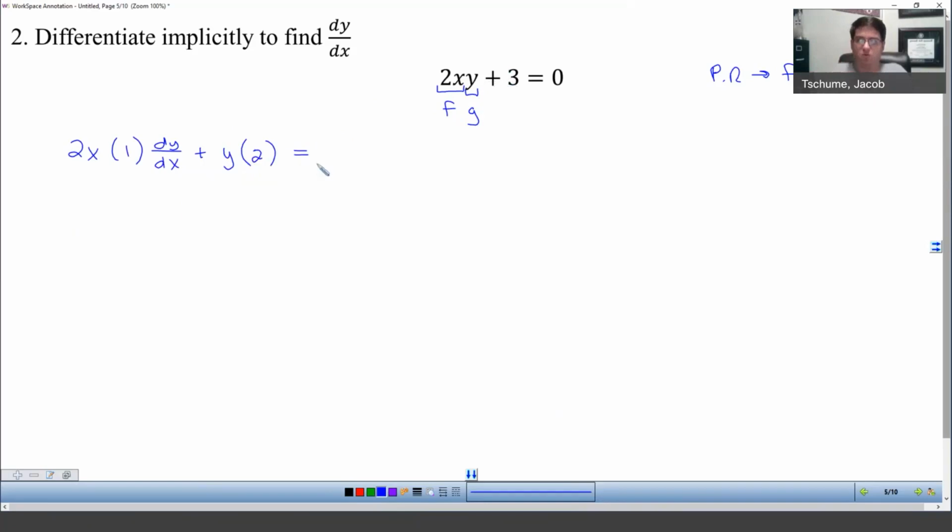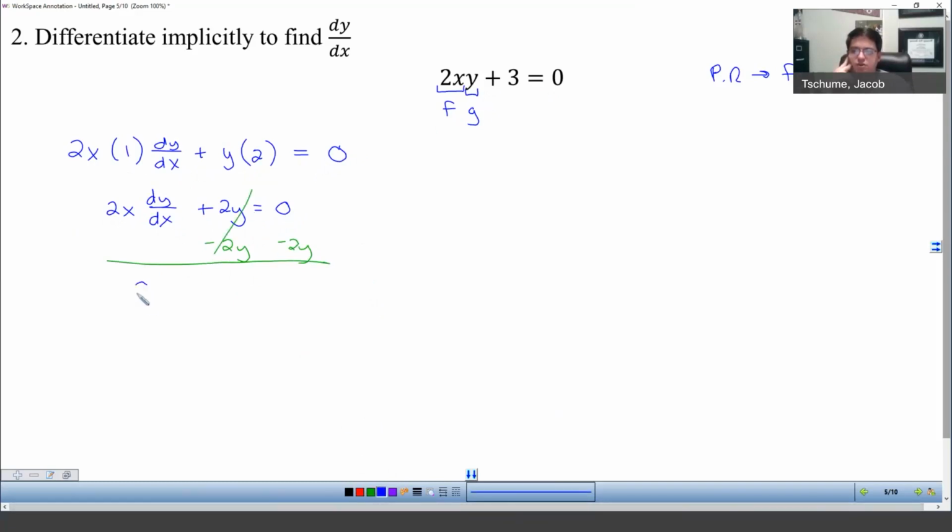I'll bring down my equal sign, and the derivative of 0 is also 0. Cleaning this up, we can simplify this into 2x times dy dx plus 2y equals 0. Then, to get the dy dx by itself, I'm going to subtract 2y from both sides.